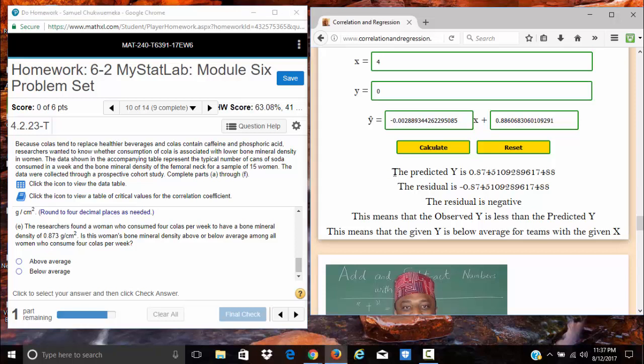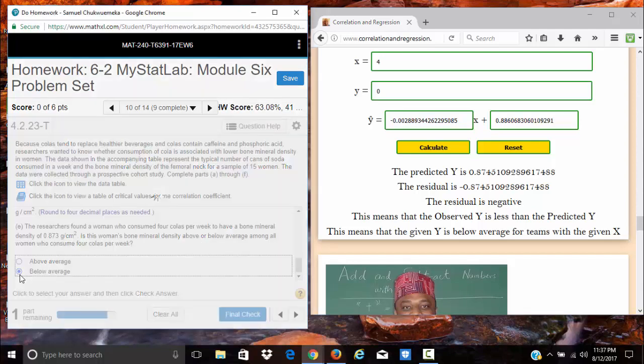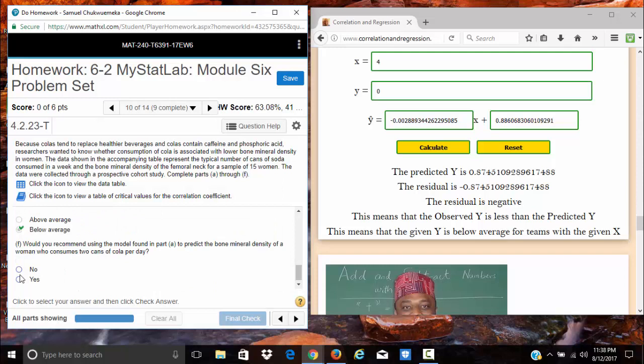That is the predicted y, and that is what we should be looking at. However, this woman consumed 4 colas per week and has 0.873 rather than 0.875. So that means this woman's bone mineral density is below average, below what she should have had.